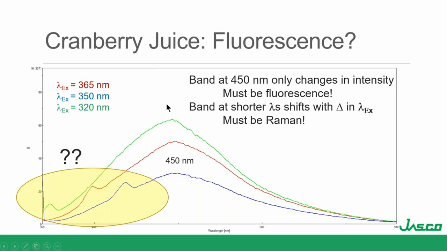And I will venture to say that even if moving to 320 decreased the fluorescence, it would still be better to use 320 and sacrifice a little fluorescence intensity and move that Raman band away.